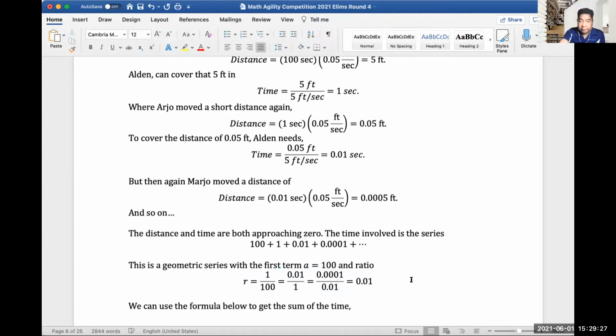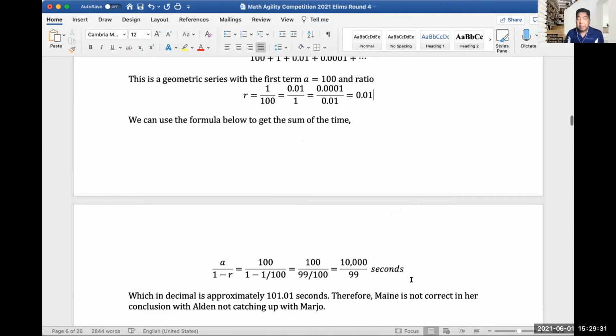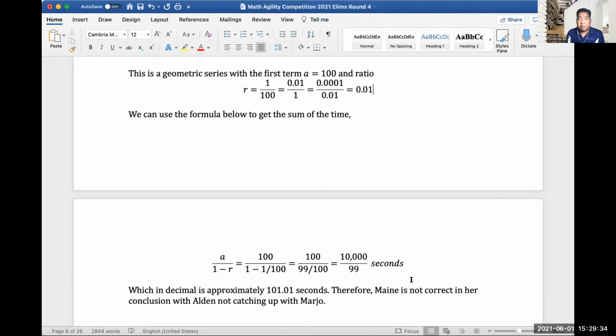Okay, so we can use the formula below to get the sum of the time, right? In our summation of geometric series, that would be A, the first term, over 1 minus R, which is 1 minus the ratio of 1 over 100, or 0.01. And we will get 10,000 over 99 seconds.